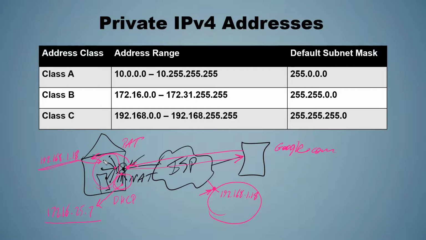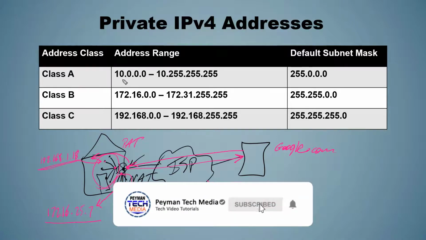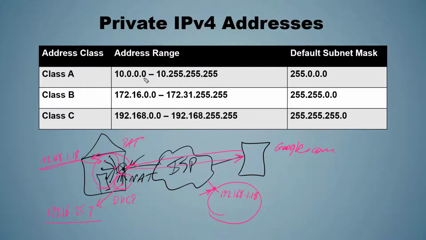So this is a quick overview of private and public IP addresses. Just remember in class A, the range for private IP addresses is 10.0.0.0 to 10.255.255.255. And the default subnet mask for class A, we talked about it previously, is 255.0.0.0.